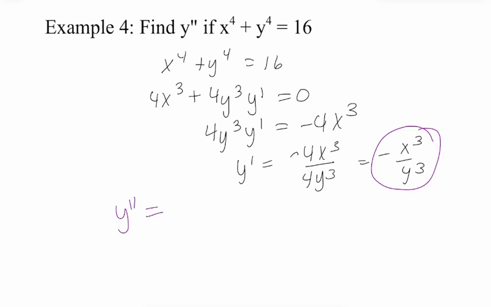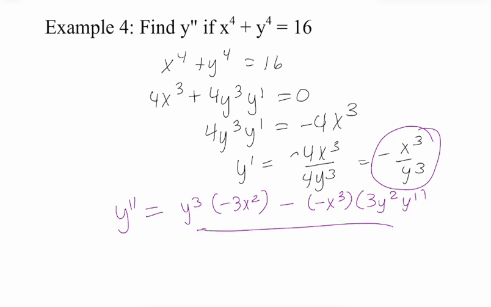We're going to do it using the quotient rule, which is the bottom times the derivative of the top. X's just act like they've always acted. Minus the top times the derivative of the bottom, but it has a y in it, so tack on a y prime, all over the bottom squared.